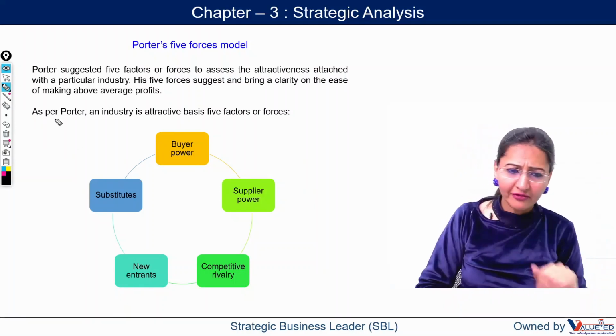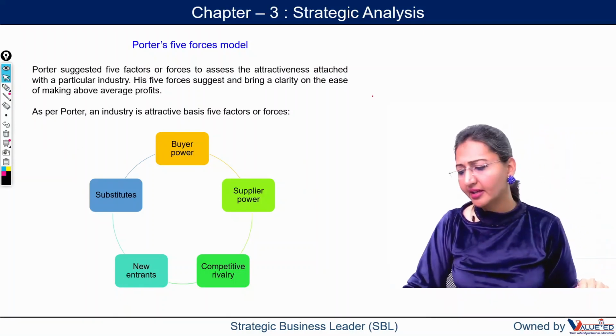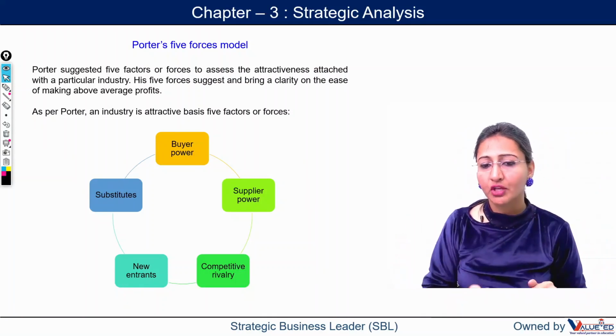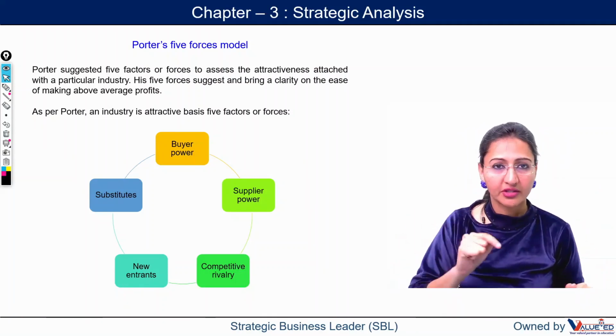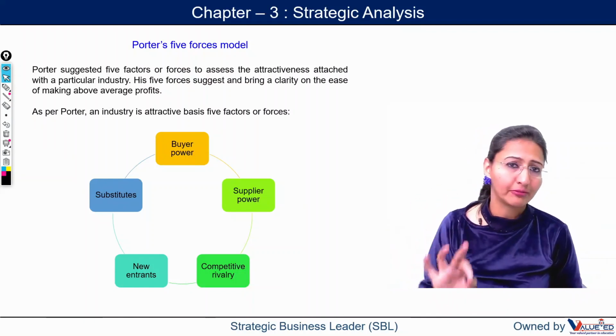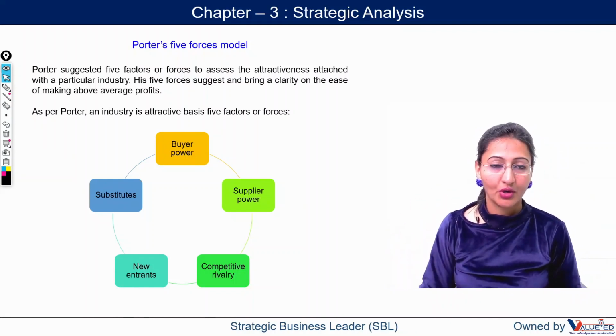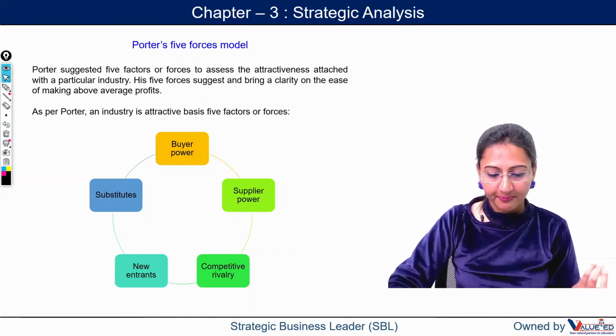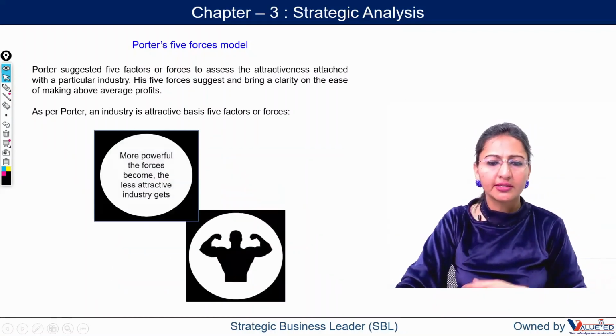So these 5 factors, Porter said that whenever you are trying to enter into a market, always use these 5 factors to study if the market is apt for you to enter. You have to analyze the situation considering these 5 points. Let's go into more detail on this.